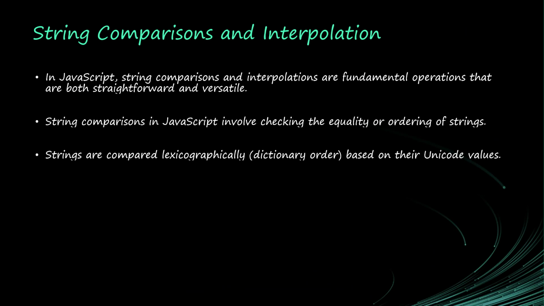Strings are compared lexicographically. When we say strings are compared lexicographically, it means that we check their dictionary order. How do they appear when you look at the alphabet, the English alphabet, or even German or any language at all. We look at their dictionary order based on their Unicode values. In the last session, when we were talking about the localeCompare method, we mentioned how we use the Unicode values to check.